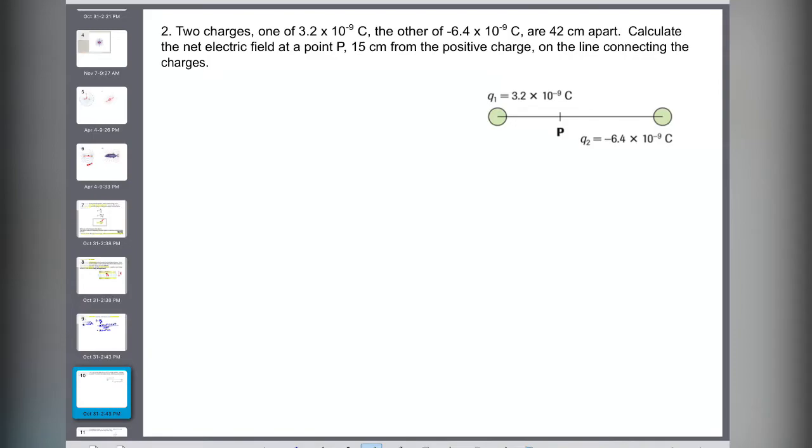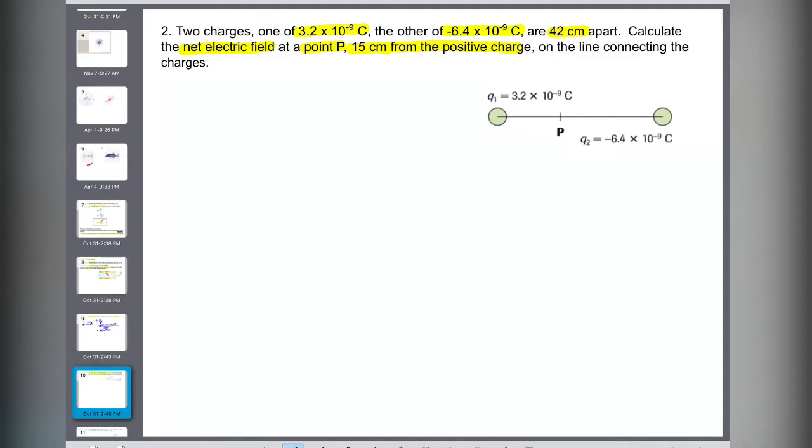Question 2. Two charges. One is 3.2 times 10 to the negative 9 coulombs. The other is negative 6.4 times 10 to the negative 9, and they are 42 centimeters apart. Calculate the net electric field at point P, 15 centimeters from the positive charge, on the line connecting the charges.